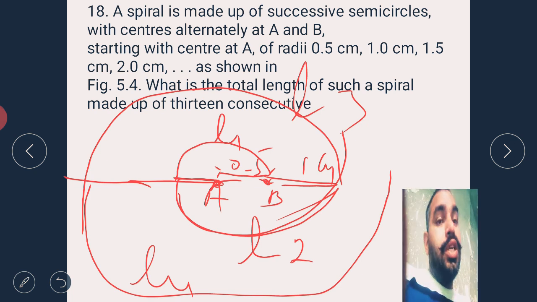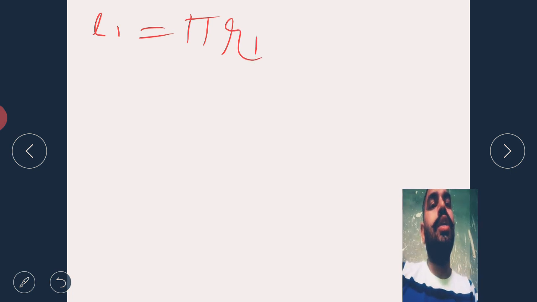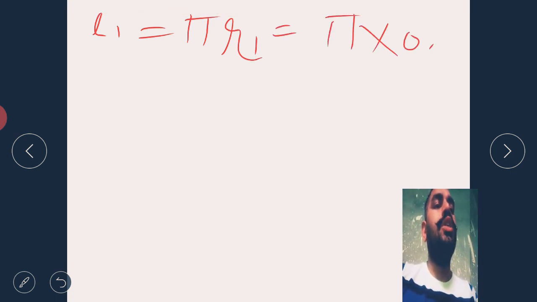It means there are 13. This L1, a length of the first semicircle. What do you mean by the length? Length means the circumference of the semicircle, and the circumference of the semicircle is pi r. Pi r1, and r1 is pi into 0.5.